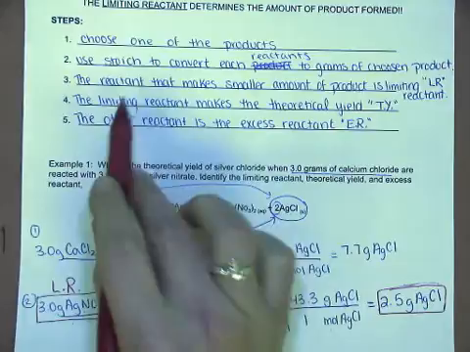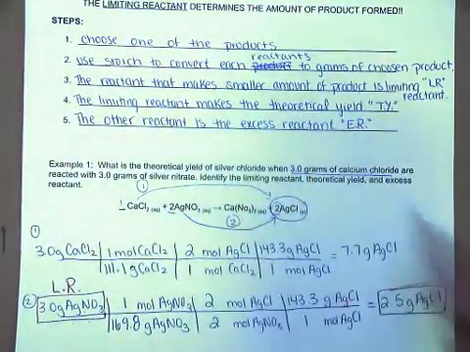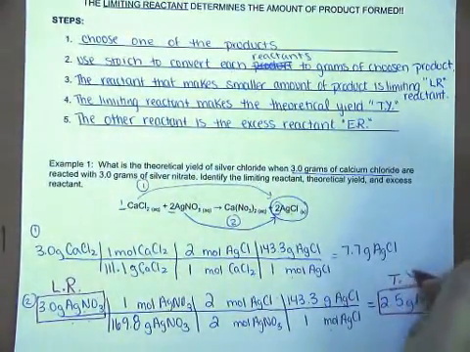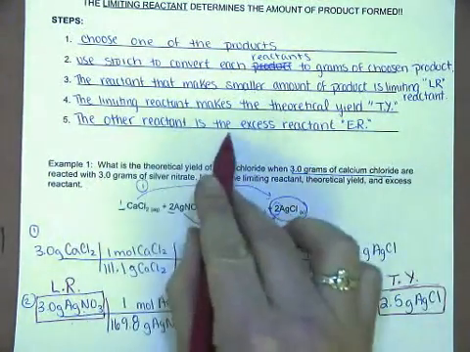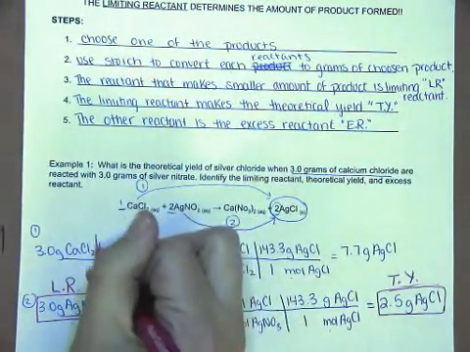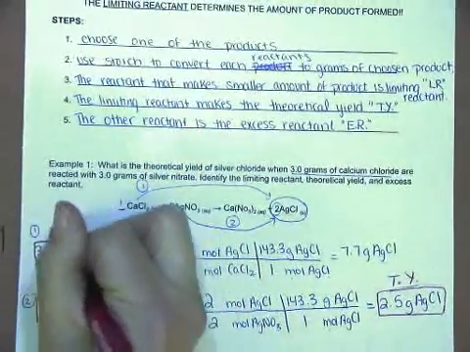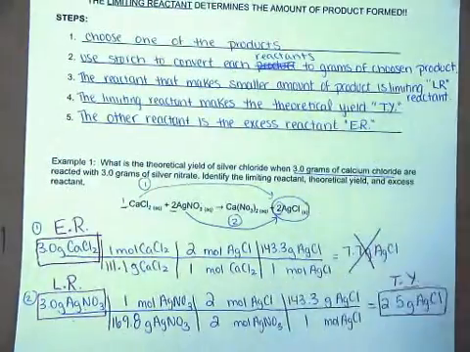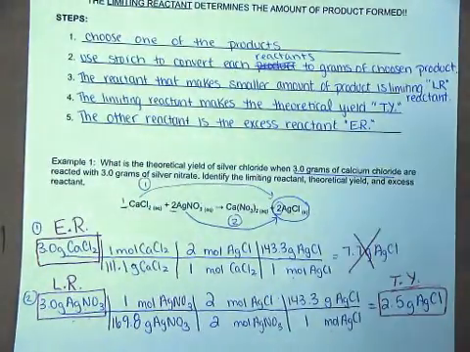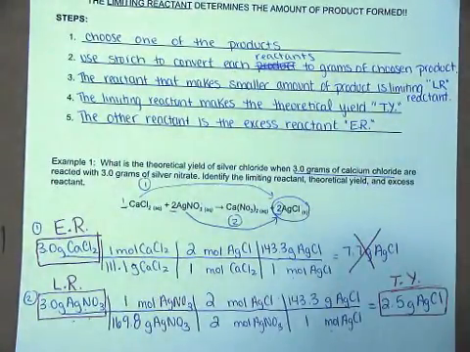My limiting reactant makes the theoretical yield, so this is my theoretical yield. That means the other reactant is the excess reactant, so my calcium chloride is the excess reactant. And that means that I can never really make my 7.7 grams, because I'd run out of my silver nitrate first.